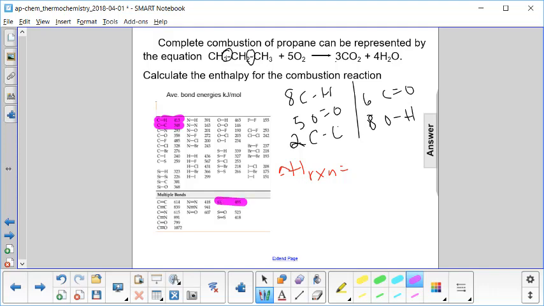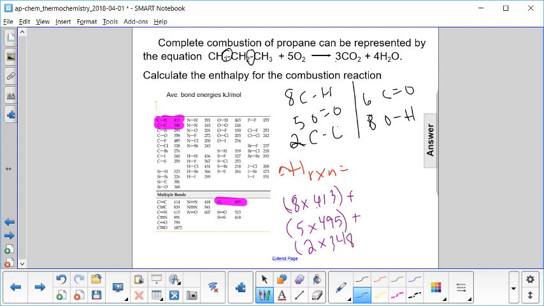So 8 times the carbon-hydrogen single bond, 413, plus 5 times 495 plus 2 times 348. So this is our reactants, and it's all of this minus the delta H for our products.